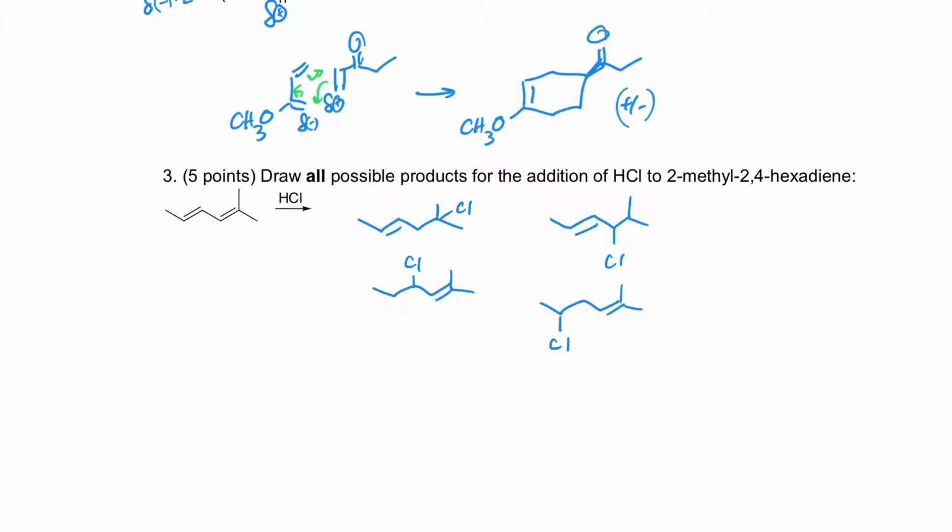So we could have 1,2 additions with all of these, and then we could get a 1,4 addition where the alkene moves. And we could get those two.